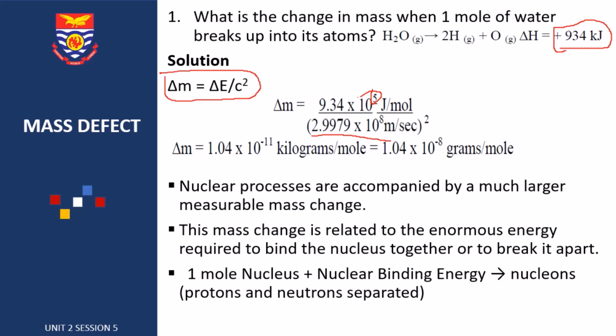And so 1 mole of a nucleus plus the nuclear binding energy, what is holding the particles of the nucleus together, that energy should give us the nucleons. And the nucleons, we know, are made up of protons and neutrons.